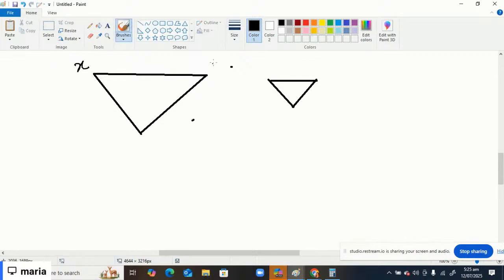So this is X, Y and W, right angle, right angle, T, V and U. Putting numbers: 97, 72, 65.